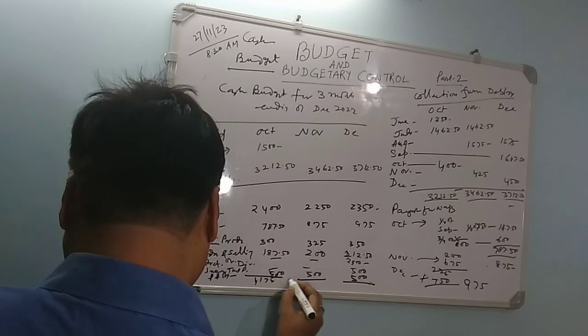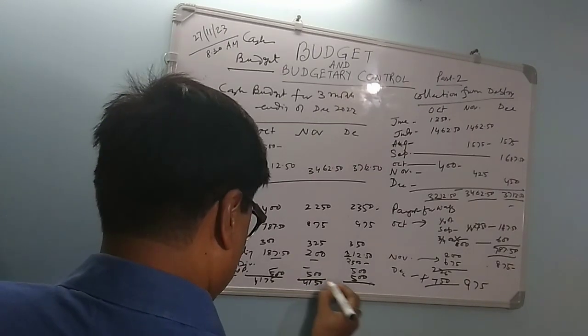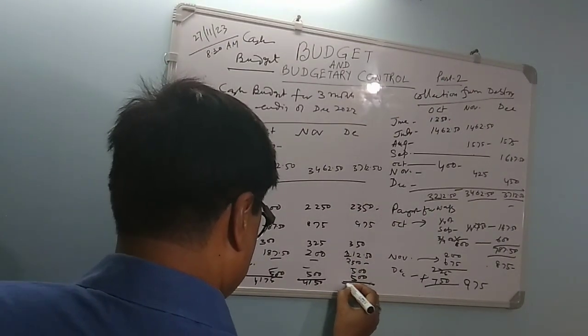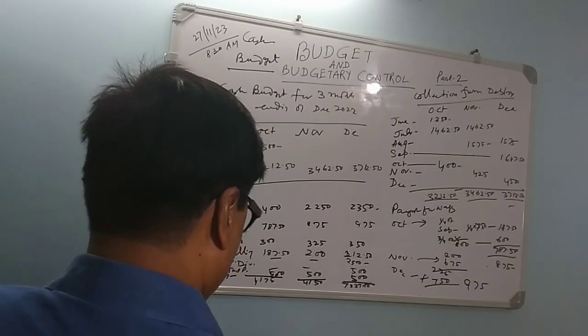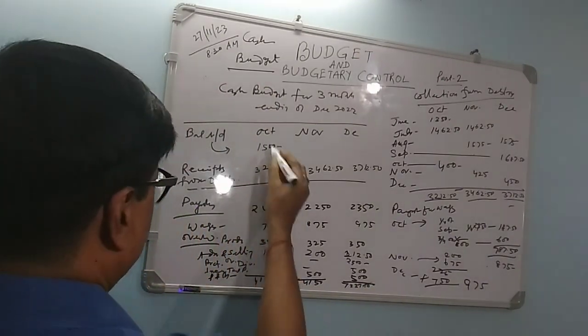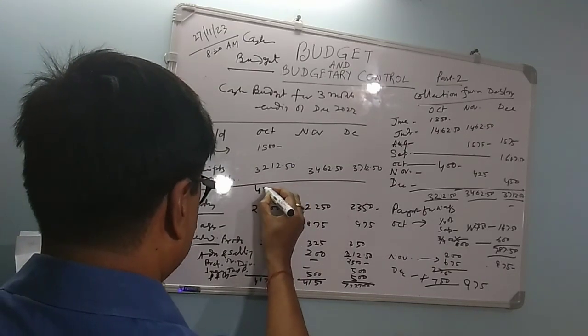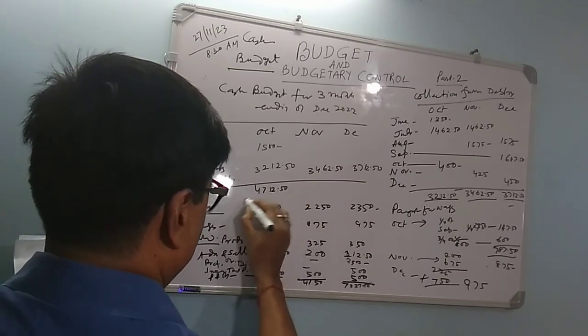4175 and 4150 total for your payments, and this will be 7337.50. So for the first month you have to see that 1500 plus 3212.50 is 4712.50, right?